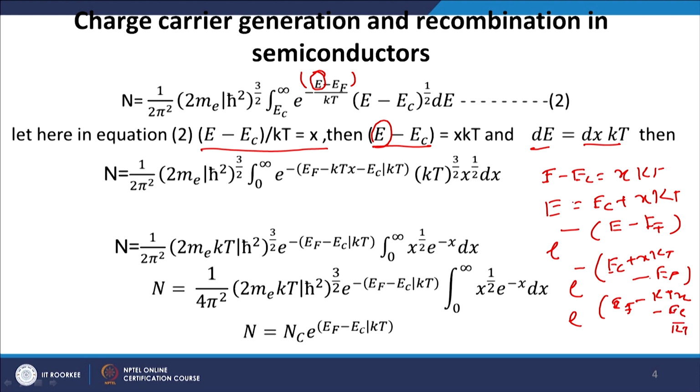Because we have one more term kT here, when we put E equal to Ec plus x kT, finally we have to divide by kT. And that is what we are doing here.